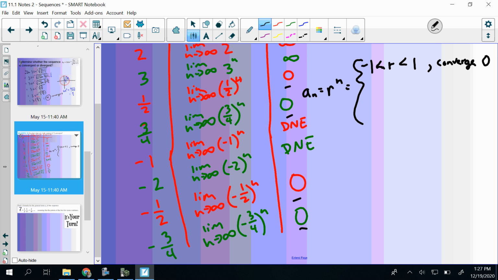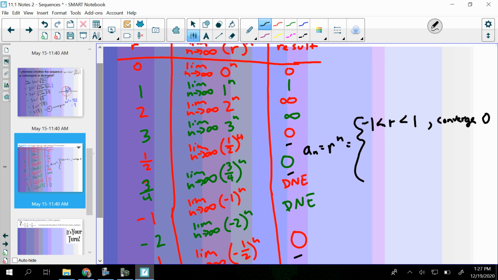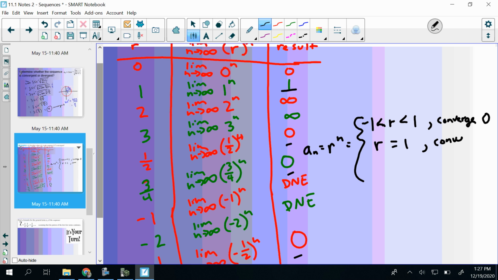We had one other one that did converge, though to a different result. Our other one that converged was when we did 1. The result ended up being 1. So if r is 1, another result is that it could converge to 1. And then any other result we got ended up being not convergent, or diverging.